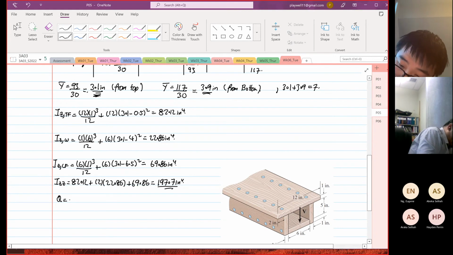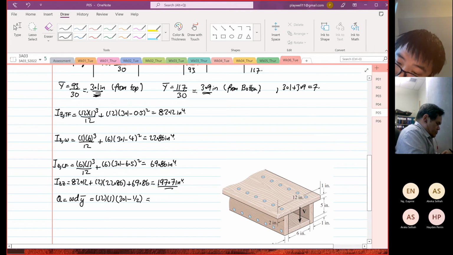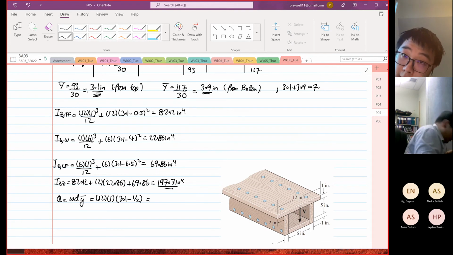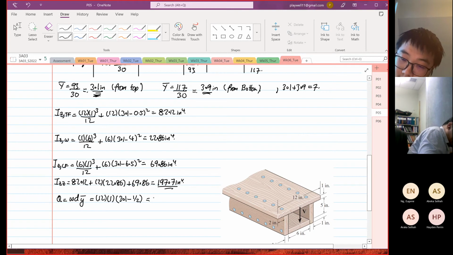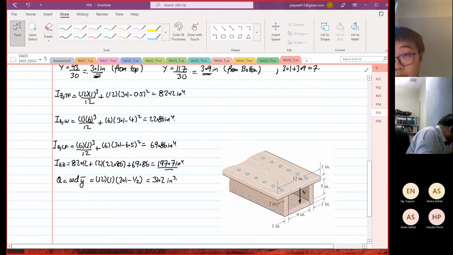Okay, so Q is width multiplied by depth, Y bar, right? So we're still looking at the top. So the width is what? 12, 1, 3.1 minus 1 divided by 2. So 3.1 minus 0.5. So it's 31.2 inch cube.